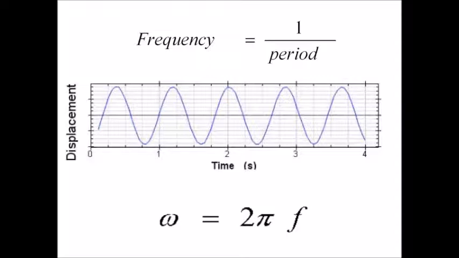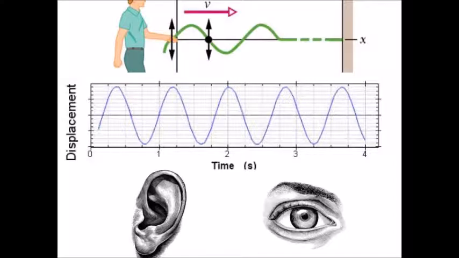And then you can take simple harmonic motion and blast it out into space, whether you're talking about shaking a string or whether you're talking about sound waves and light waves, which gets super complicated, but start with a fairly simple equation.